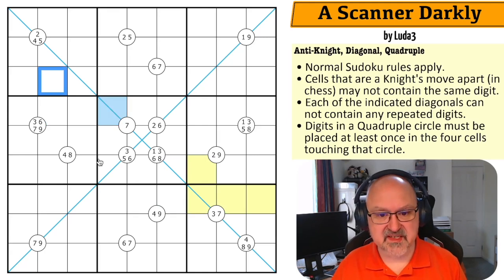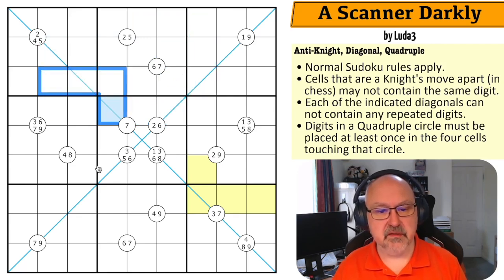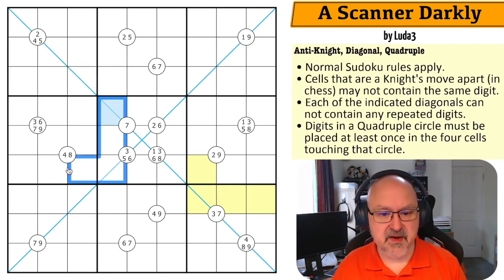That cell may not contain the same as that cell, because if I draw a connector between those two cells, then apart from going a really long-winded way, they are a knight's move apart. If you can draw this shape to connect two cells, the endpoints of this shape may not contain the same digit. That's basically what it means. Doesn't matter about rotation. Those two can't be the same because that is the same shape. That's how Knight's Move works.